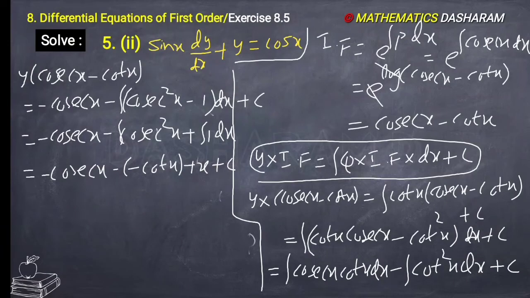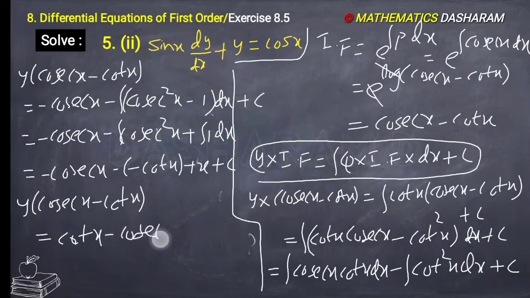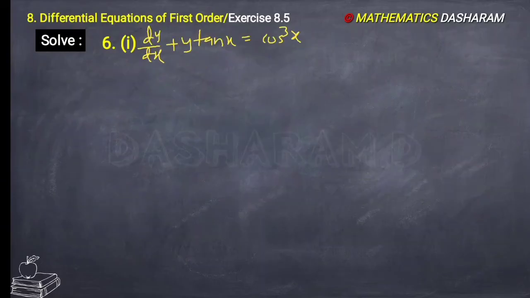So finally y into cosec x minus cot x equals to minus or minus plus. So first I am writing cot x, next cosec x plus x plus c is our required answer.